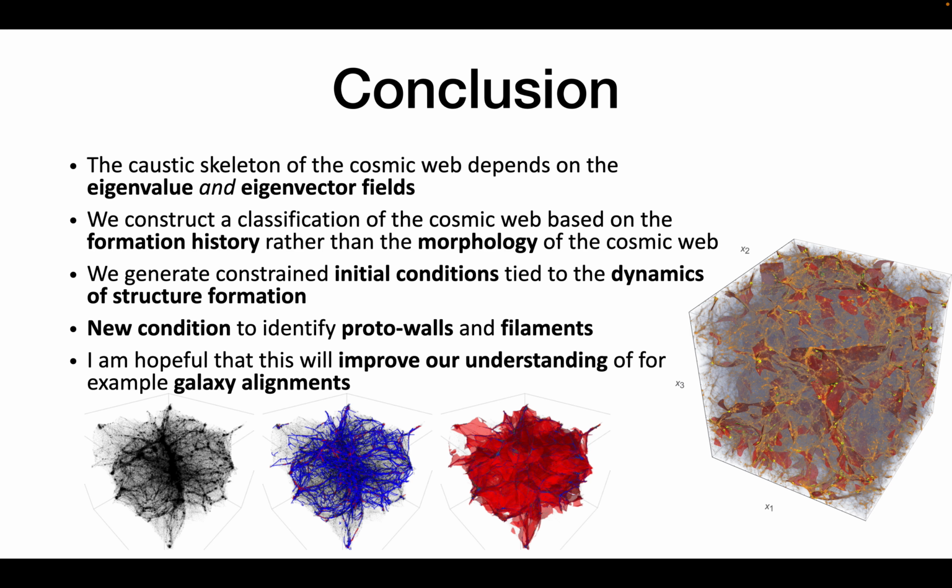And since these caustics are geometric in nature and tied towards the geometry of the cosmic web, this could be a very promising way of retrieving the geometric data from N-body simulations in the end. But there's yet a lot of work to be done before this is, of course, possible.